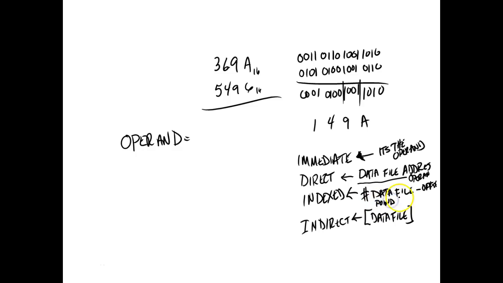So all these point to the operand. If you don't understand what an operand is, then basically none of these addressing modes will make any sense to you. These are the numbers, the actual numbers the instruction is operating on.